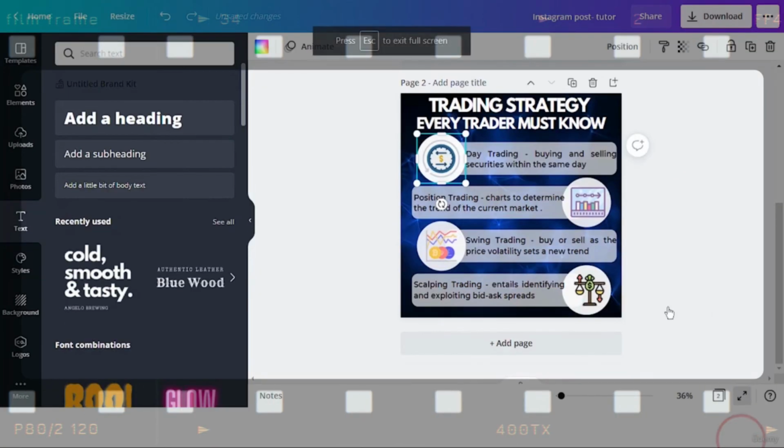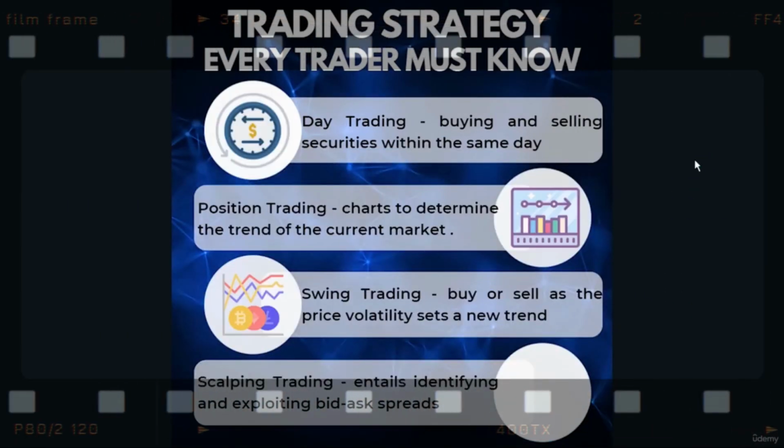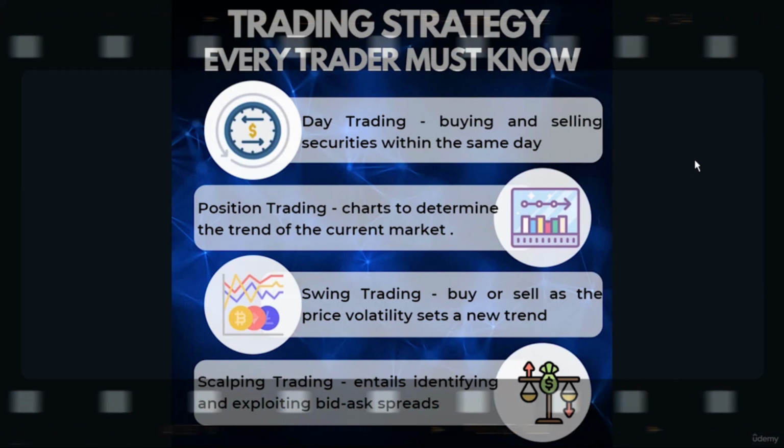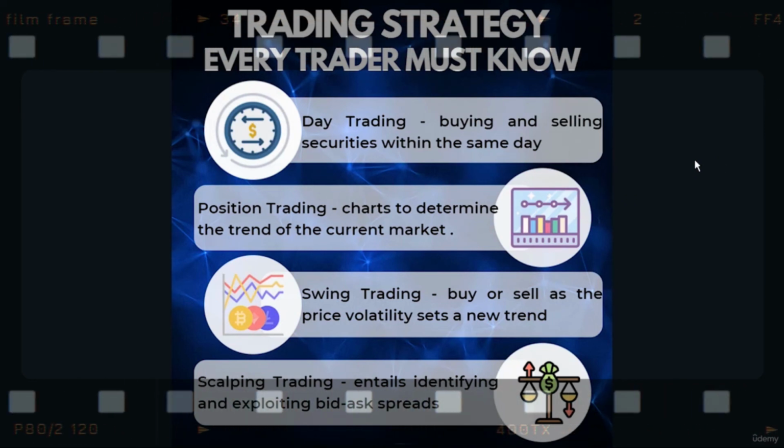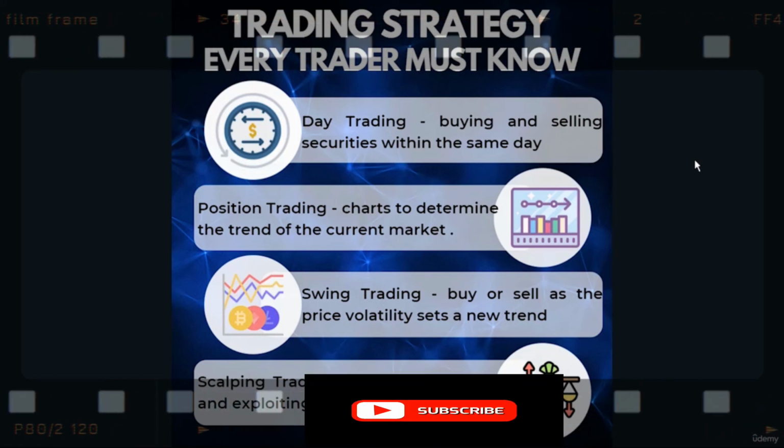So that's all. So as you can see, we have created, okay, it loaded. So as you can see, we have successfully created our infographic for an Instagram post. So this is what our final result looks like.